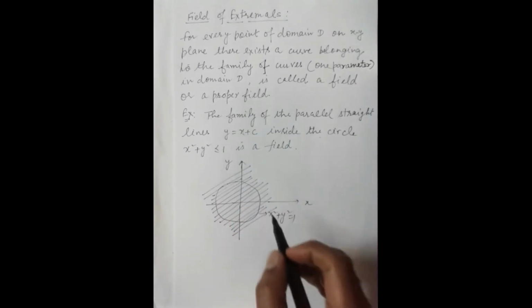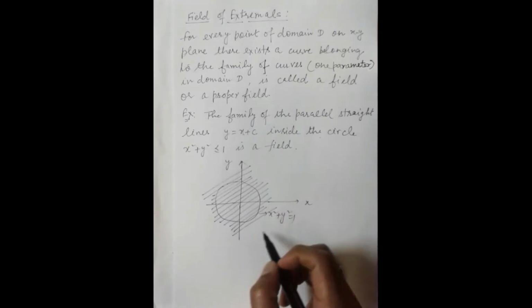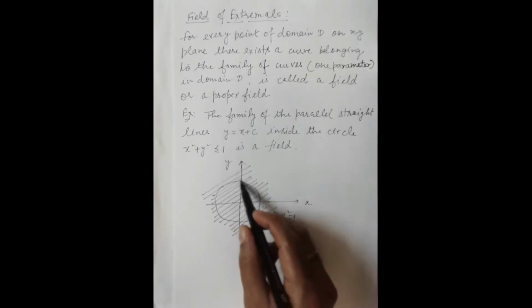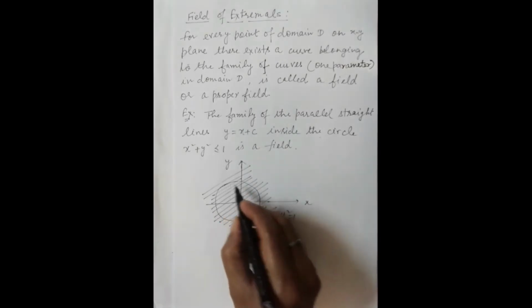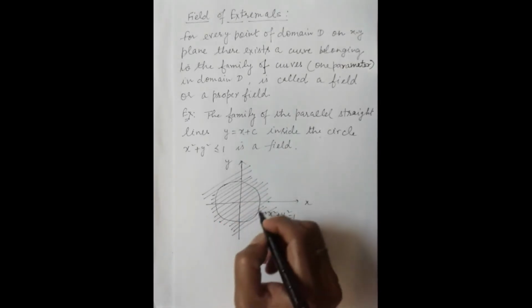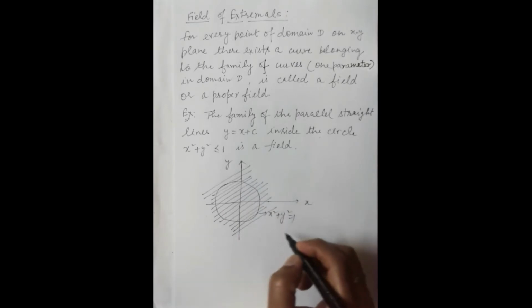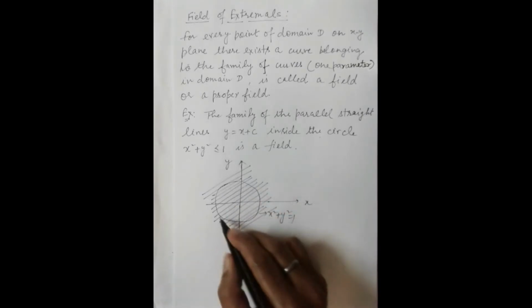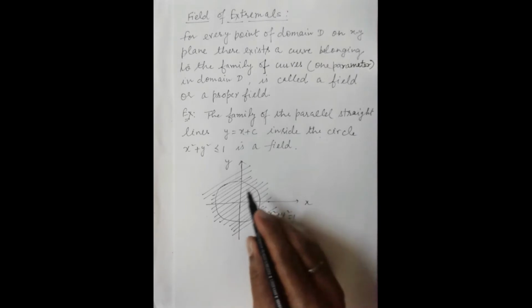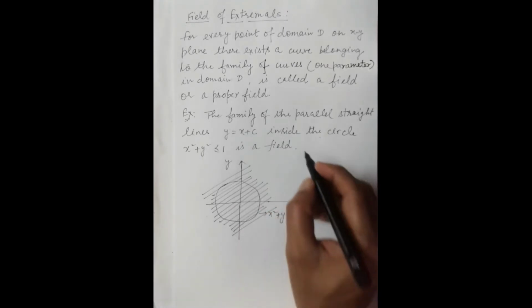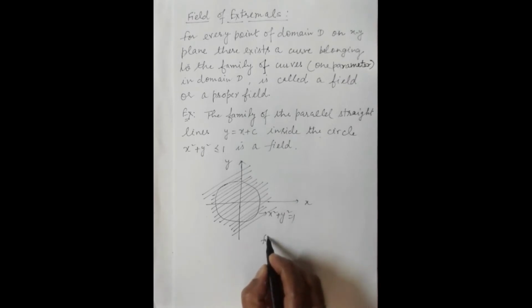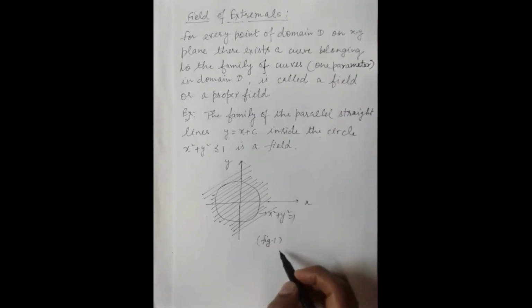So here we see that this region enclosed by this circle x square plus y square equal to 1 is a field. This figure is denoted by 1.